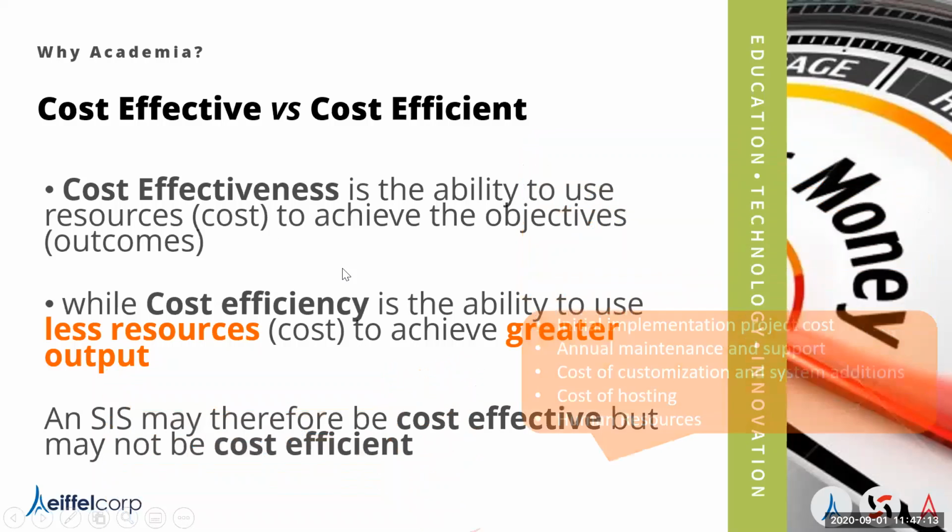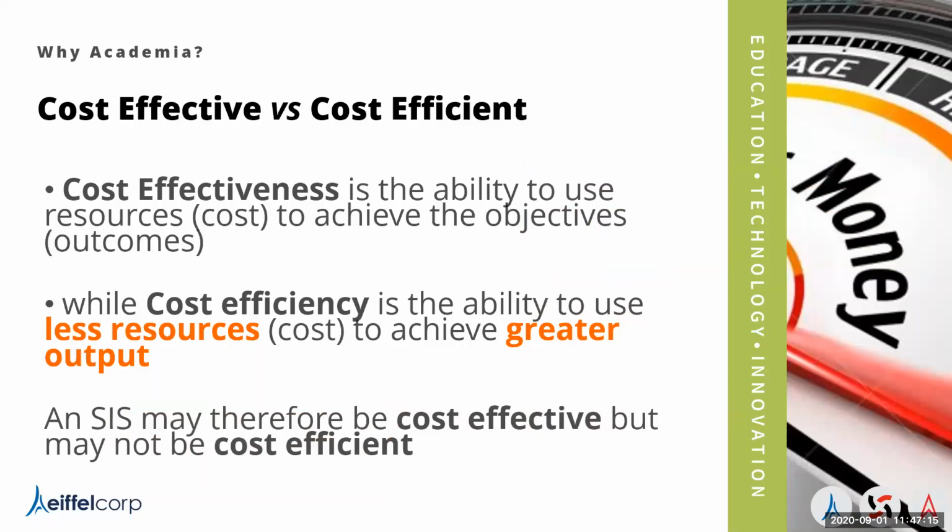And therefore, an SIS may be cost effective, but that does not necessarily make it cost efficient. And you as an institution have the responsibility to ask, are we choosing something where we can have less resources in the sense of money and human resources to achieve a greater output with our SIS?